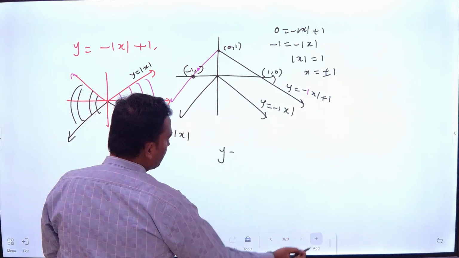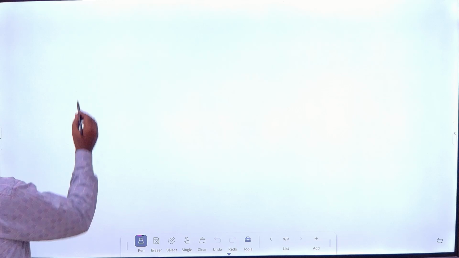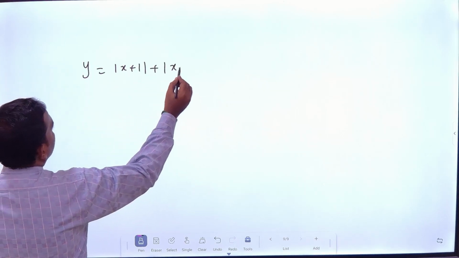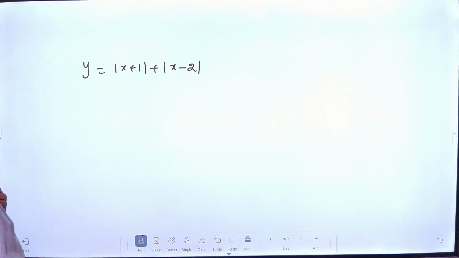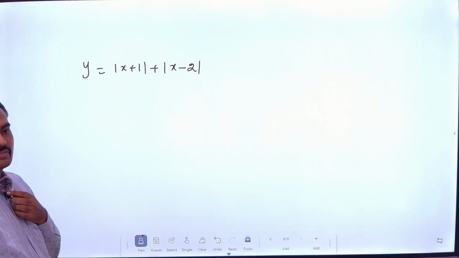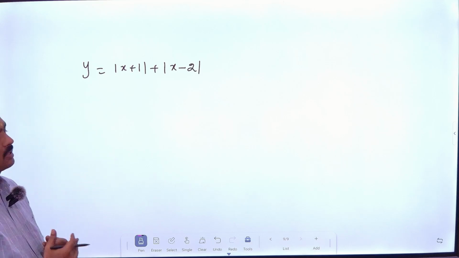Okay. Some of the students are facing difficulty, so I will show you the next type of question. Suppose y is equal to mod x plus 1 plus mod x minus 2. How to find the range of the function, how to draw the graph?